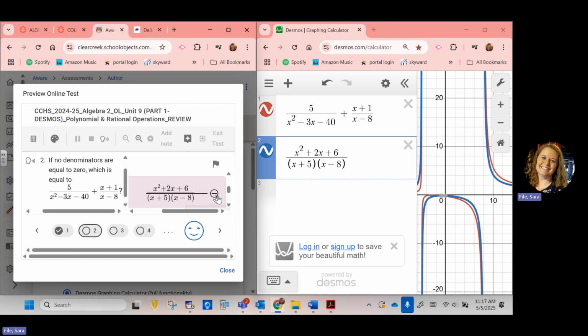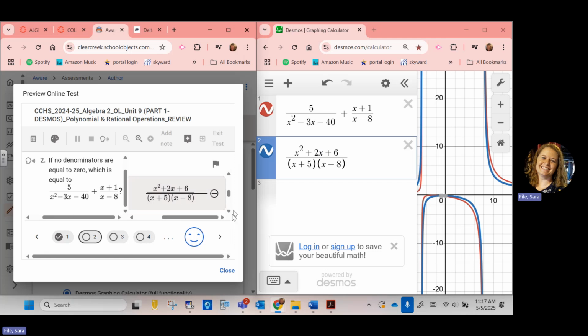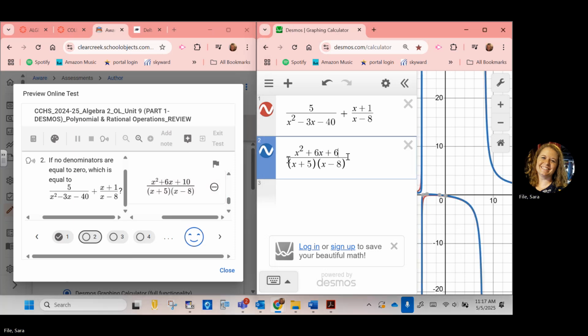They are not identical, so that's not it. Then I check x squared plus 6x plus 10 in the numerator and x plus 5 times x minus 8 in the denominator. You can turn that on and off and see those are the exact same graph. So that's the one.